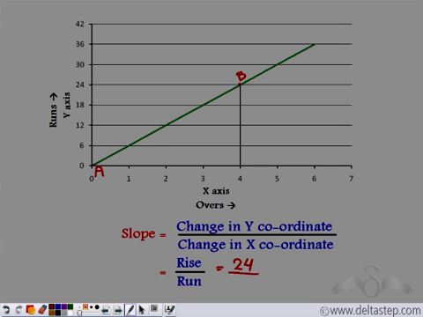This horizontal distance is the run. So it is equal to 4. So rise by run is equal to 24 by 4, that is 6. So the slope of this graph is equal to 6. This is the rule we follow for calculating the slope of a graph.